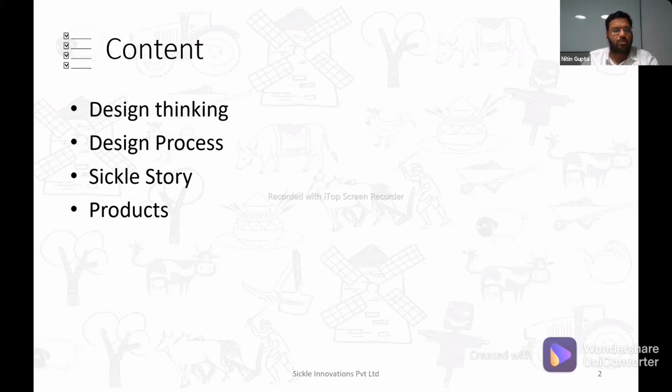I'll also talk about the design process, which is very important: a 5-step design process, very simple but very effective to come out with new products. While presenting the design process, I'll be taking a liberty to share a lot of stories of our own products which we developed, and how we developed those products.